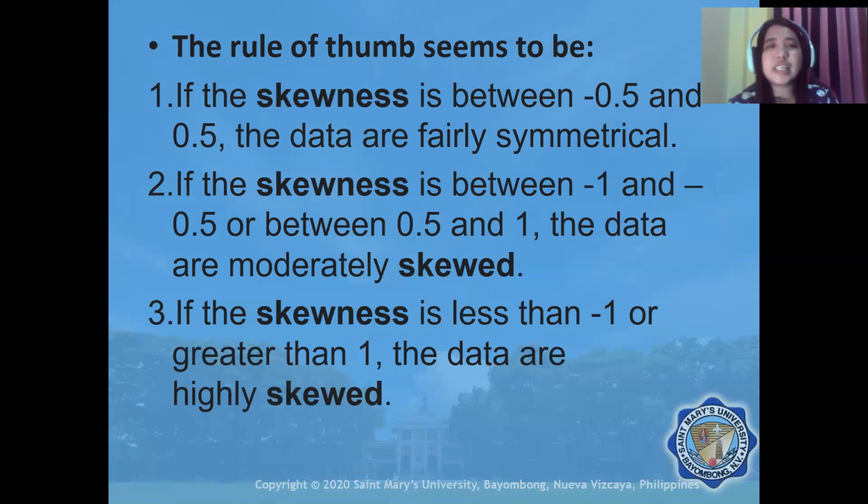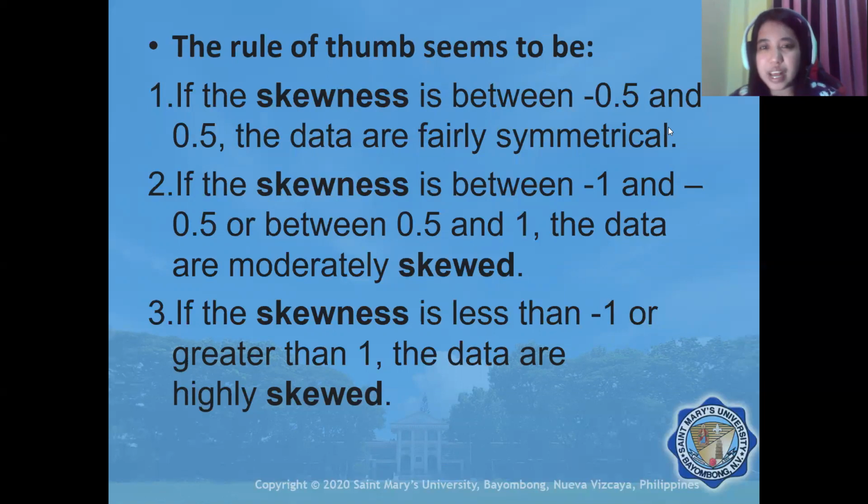Okay, so what is the rule of thumb in using skewness and kurtosis? If the skewness is between negative 0.5 and 0.5, we say that the data are fairly symmetrical, so we can conclude that it is normally distributed.